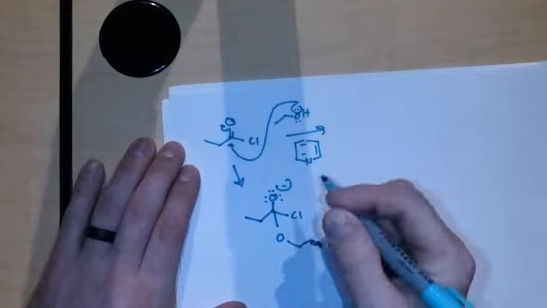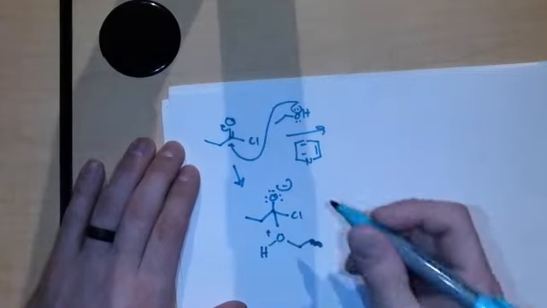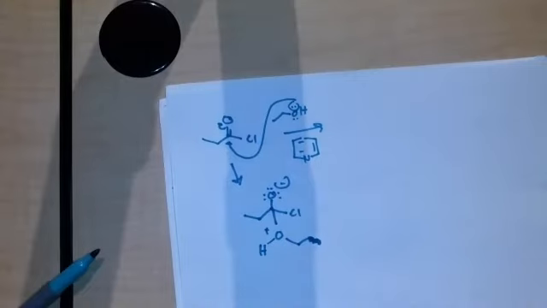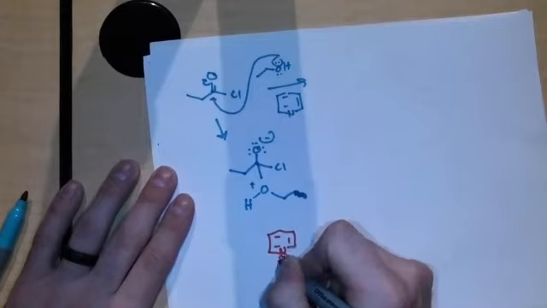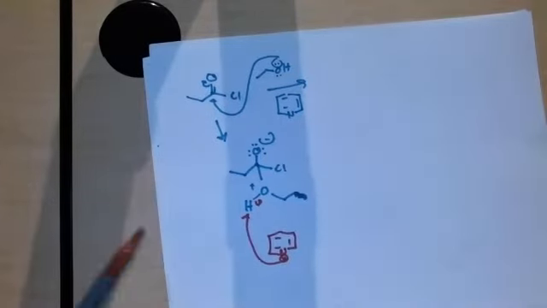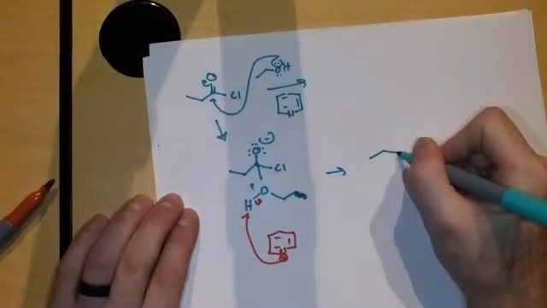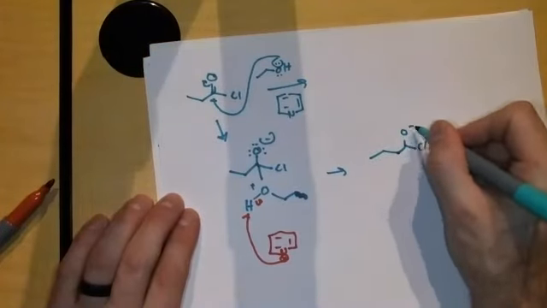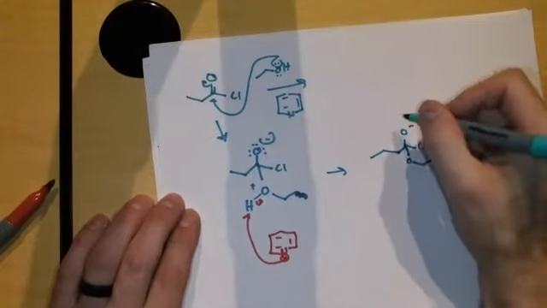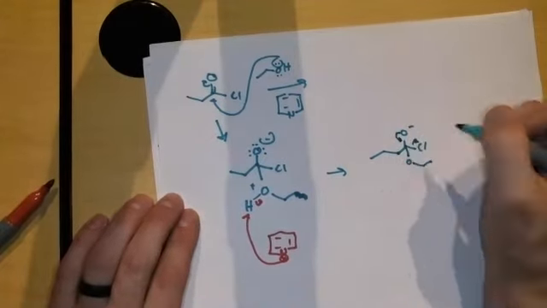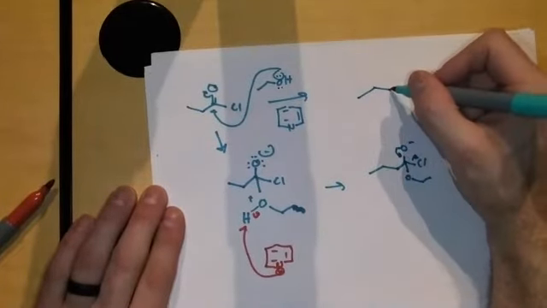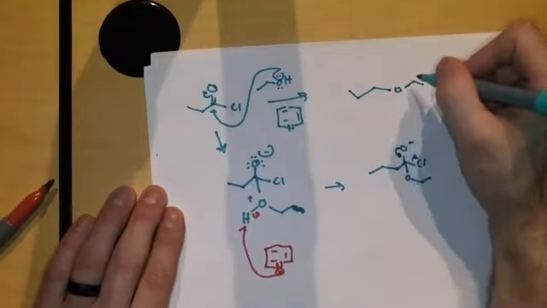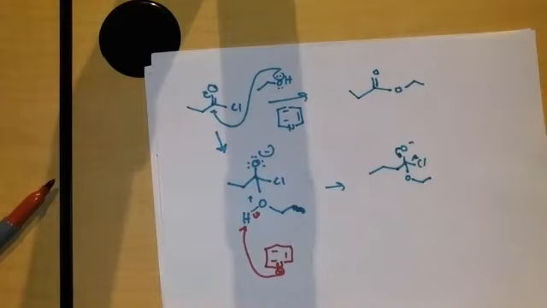Pyridine can grab that proton. Let's focus. There we go. Kick out chlorine here, and now we can make an ester.